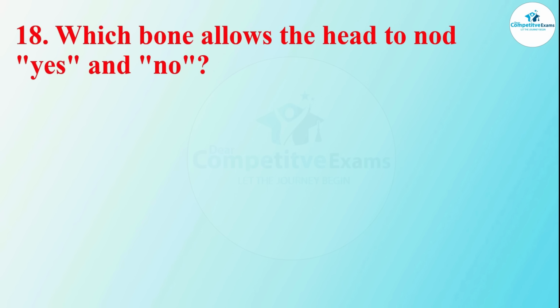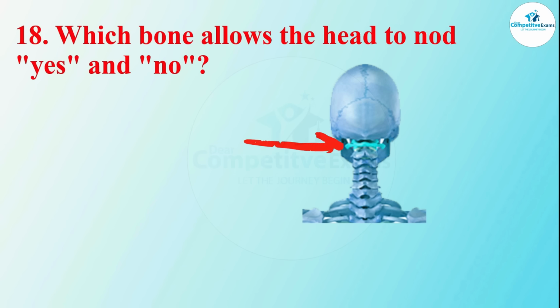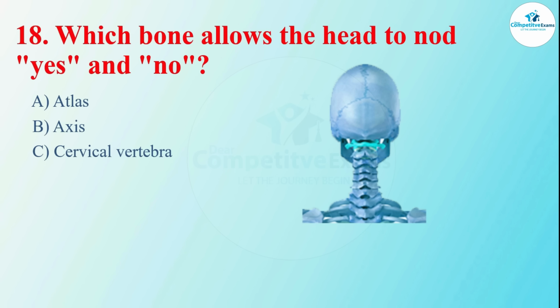Which bone allows the head to nod yes and no? So when we nod our head to say yes or no to somebody else, which bone allows us to do that? The options are atlas, axis, cervical vertebra, or sternum.